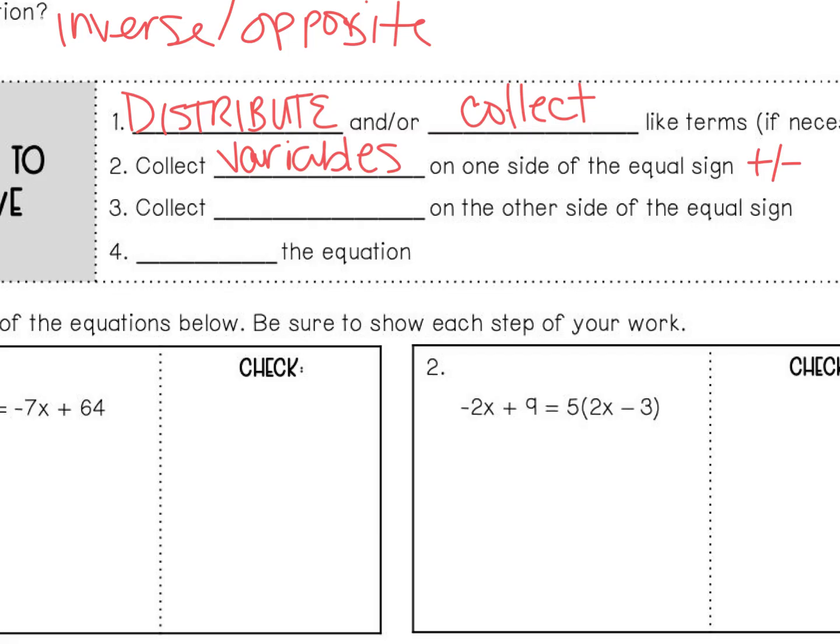When you were in middle school and you learned about solving equations, what you do on one side, you have to do to the other, okay? So in this case, when we're moving letters, we're just going to add and subtract, and then we're going to move our constants, right? We're going to move our constants to the opposite side of where our letters are. And again, we'll do that with adding and subtracting.